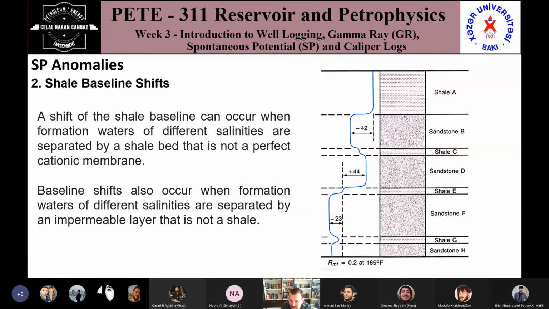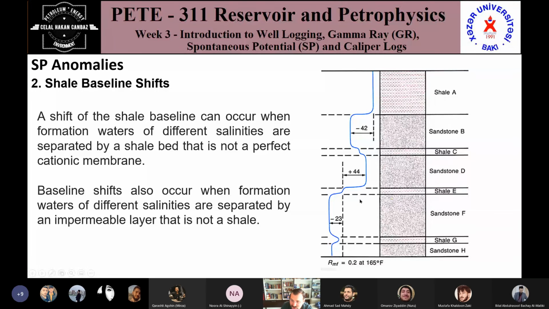Shale C is not a perfect cationic membrane, and the SP curve does not return to the shale baseline defined by shale A, actually. So a new shale baseline defined by shale E gives SP deflections of plus 44 in sandstone D, and minus 23 millivolts in sandstone F. So you can directly understand that there is a tiny shale structure in here.